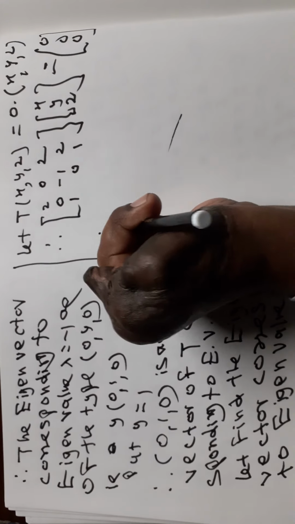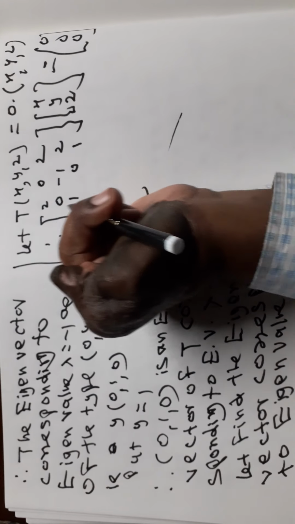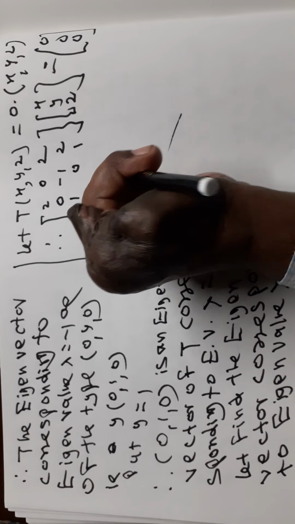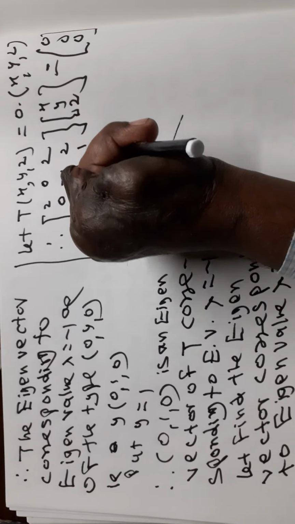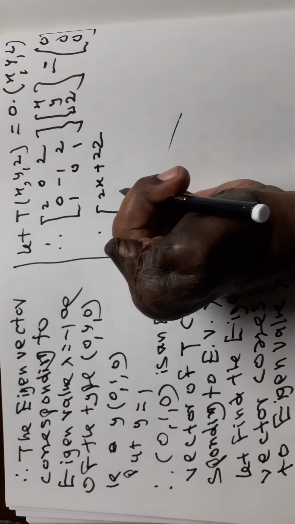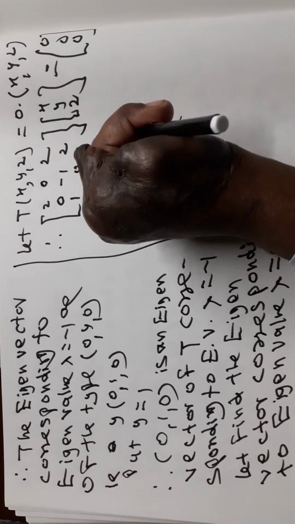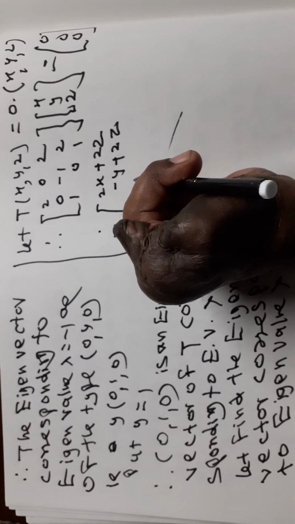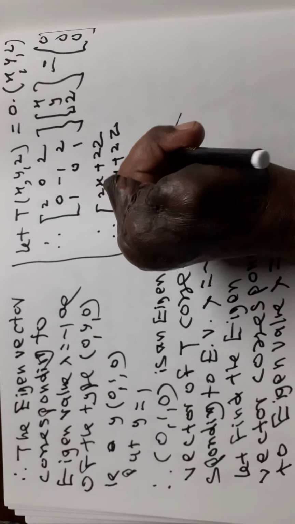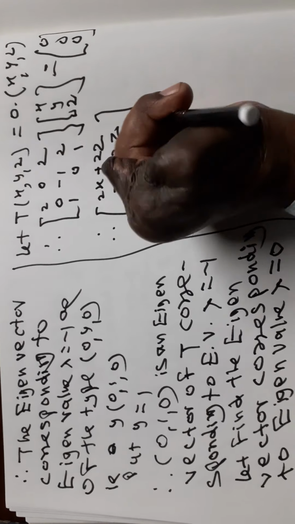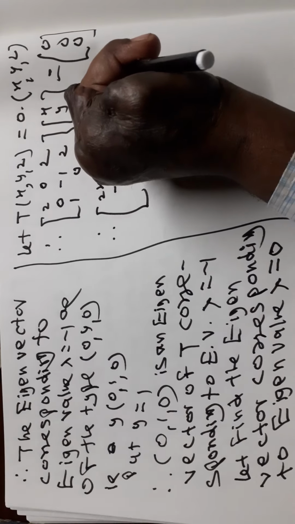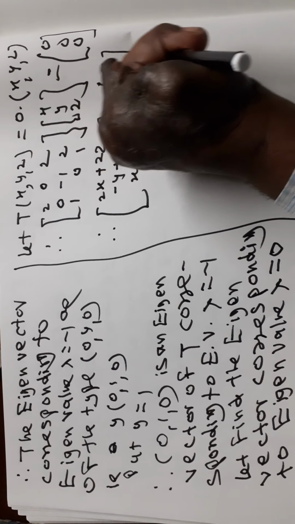Therefore, let us write this in the equation form. In the first row we have 2x plus 2z. In the second row we have minus y plus 2z. And in the third row we have x plus z, is equal to 0, 0, 0.